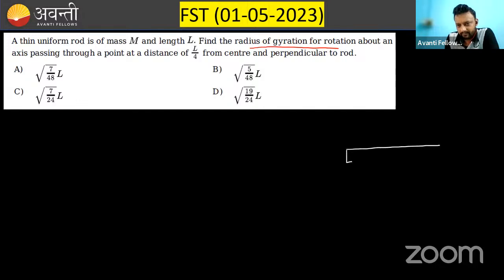There is a rod of mass m and length L. Radius of gyration about an axis passing through a point. Let's suppose this is the center, and at a distance L by 4 from the center, this is the axis, which is also perpendicular to the rod. About this axis, I need to find the radius of gyration. I hope you remember what is radius of gyration. So this distance is nothing but L by 4.